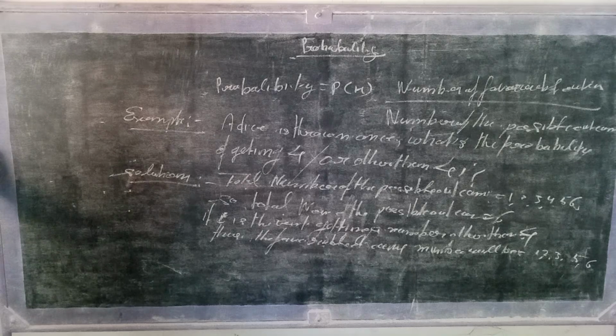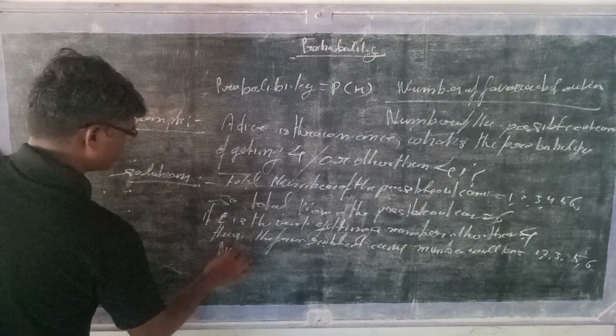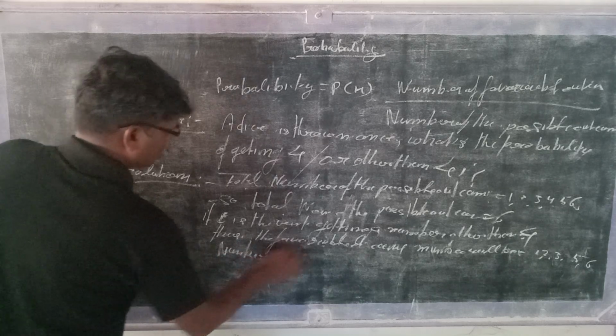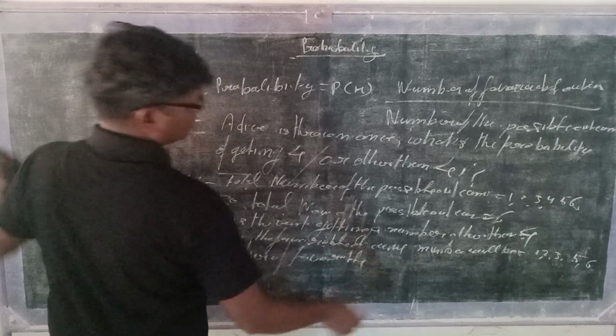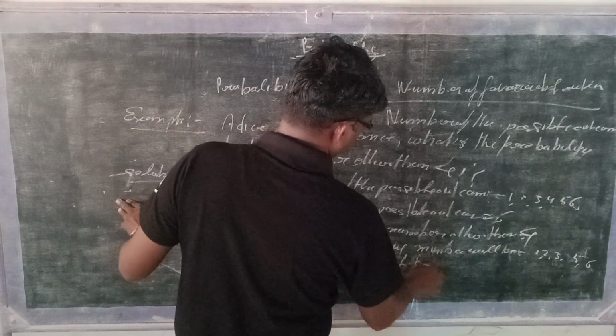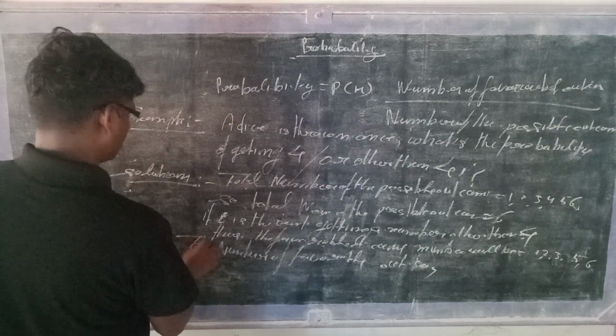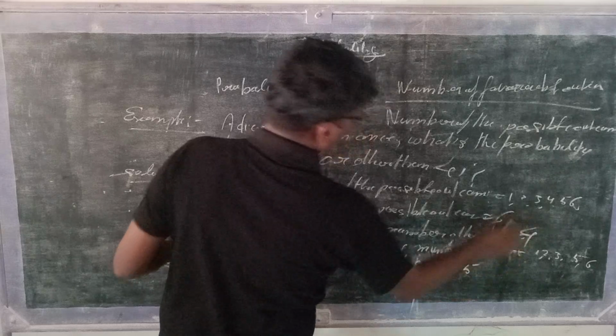On the basis of the number of favorable outcomes, the number of favorable outcomes from the total is equal to 5.